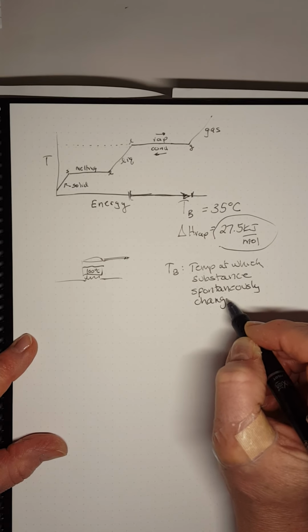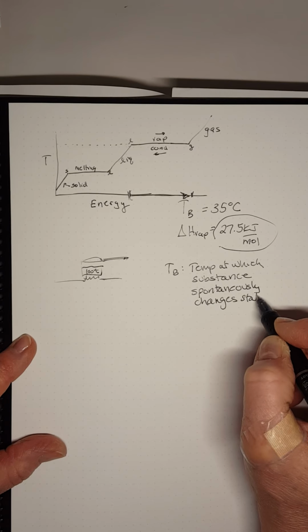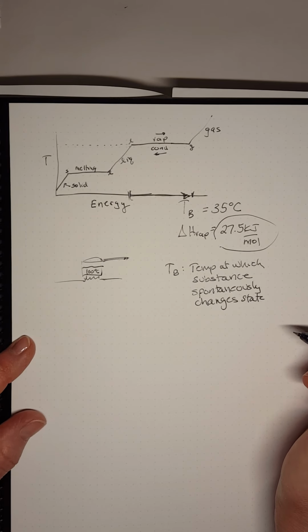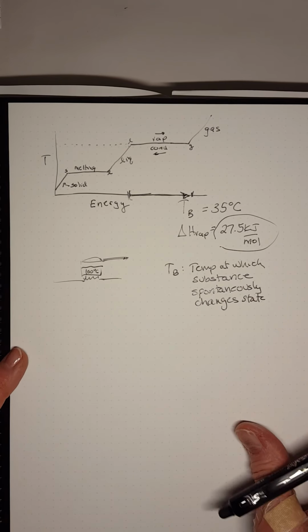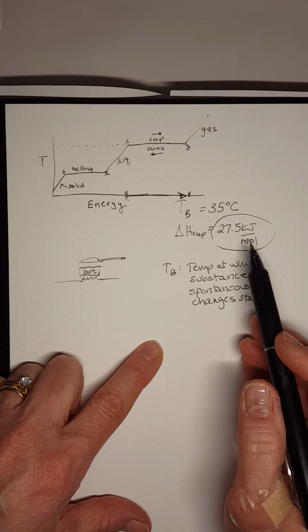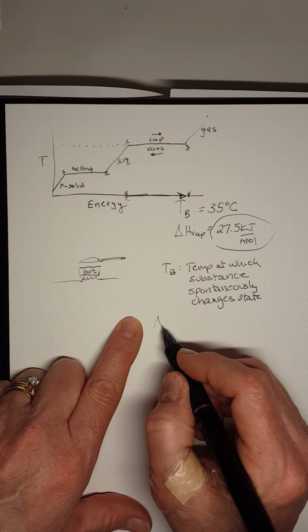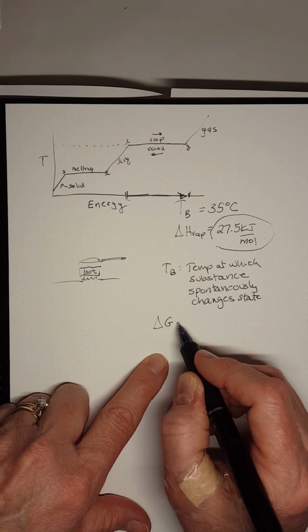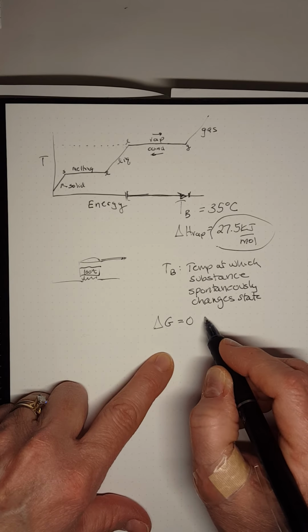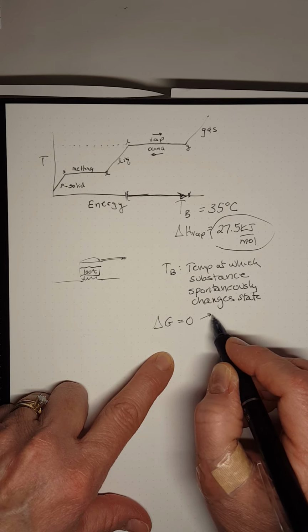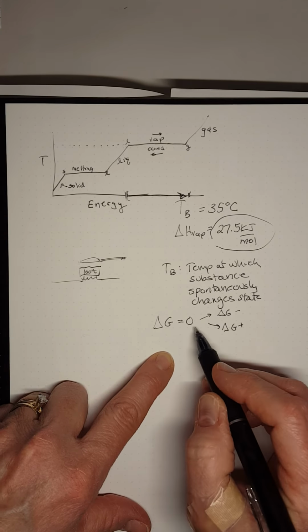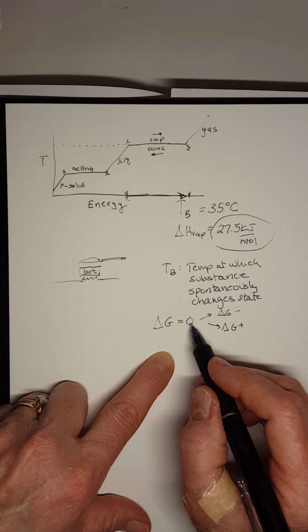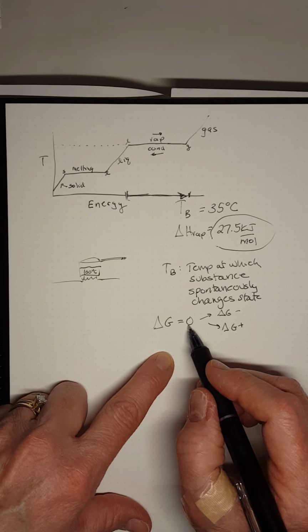Think about in the winter. At 0 degrees Celsius, water spontaneously turns to ice. I don't need to go out there and do anything to the water. It will just turn to ice at that temperature. So what we're looking at is a delta G calculation. When delta G is 0, that is the threshold between delta G negative and delta G positive, when a process will be spontaneous.